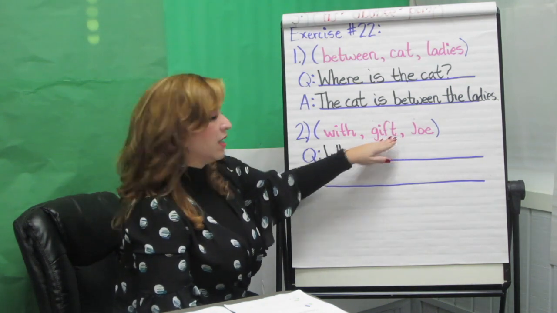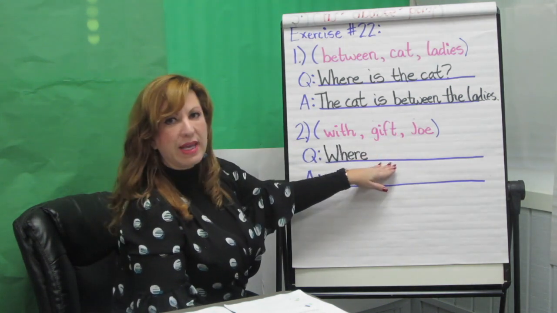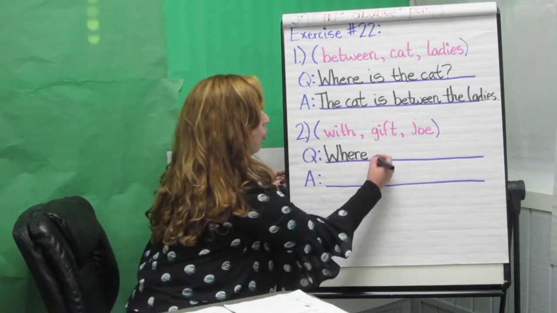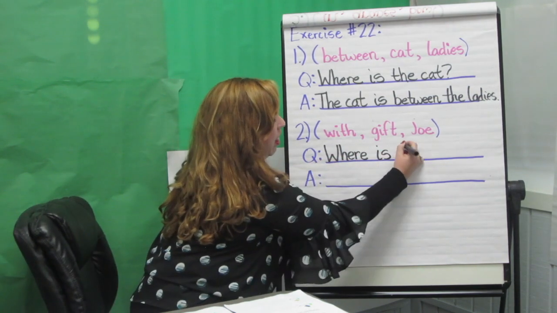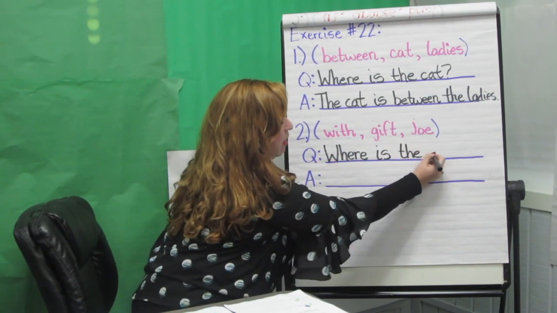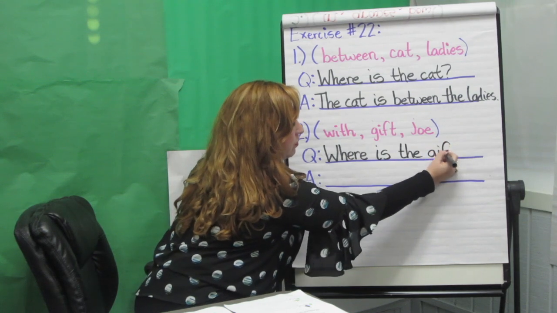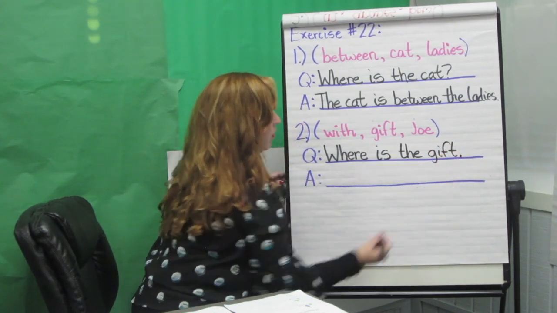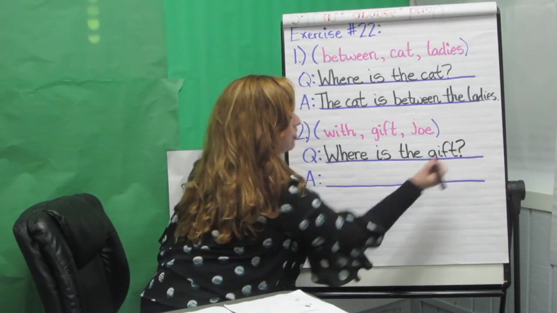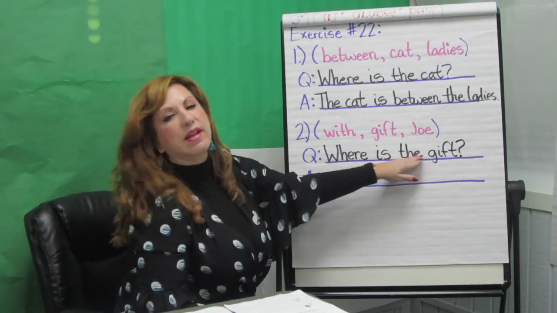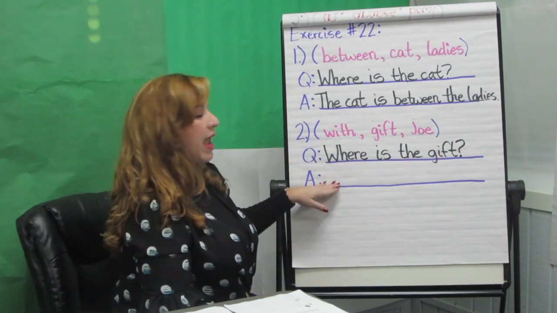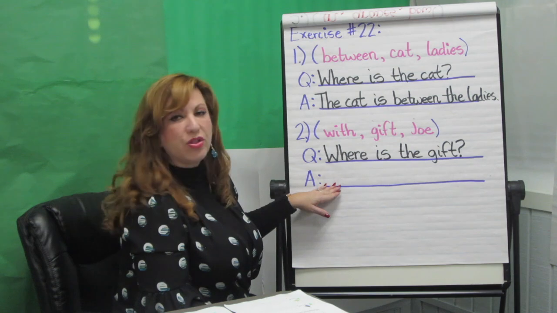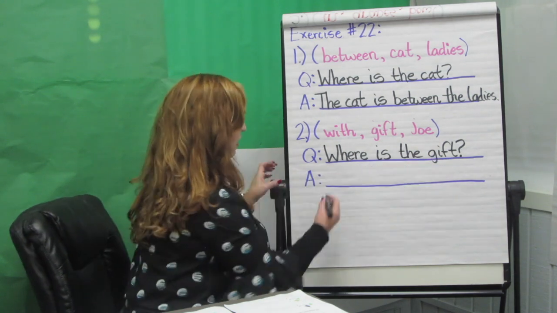So the helping verb here is is. Where is the gift? Oops, that would be a question mark. Where is the gift? And to answer the question, we begin with our noun, the gift.